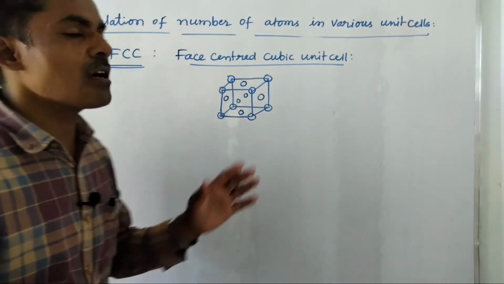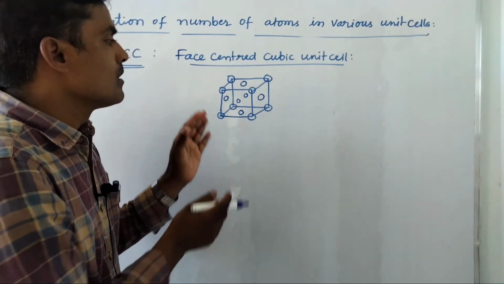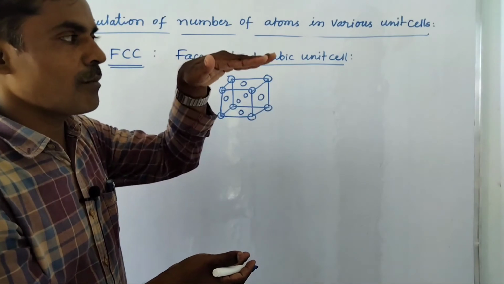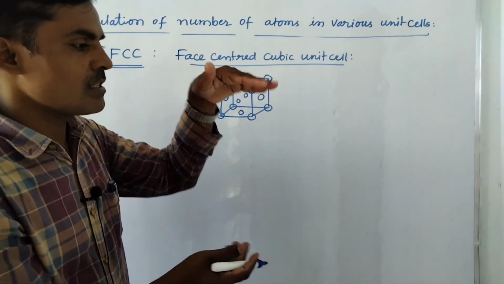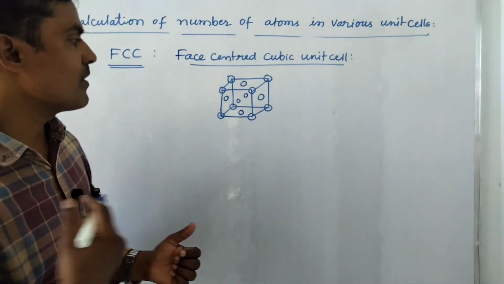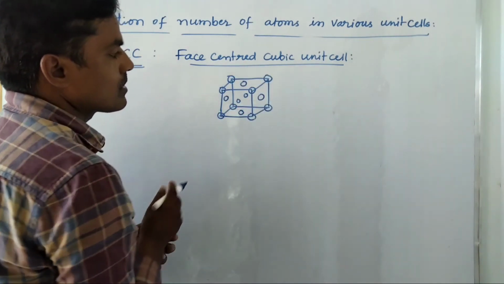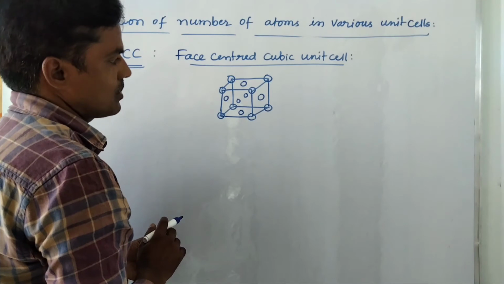How many faces are present in a cube? 6 faces: upward face, downward face, right side face, left side face, and so on. Total 6 faces are present.